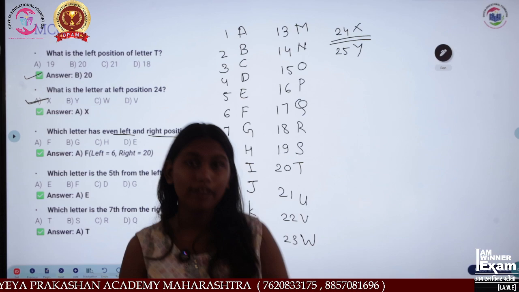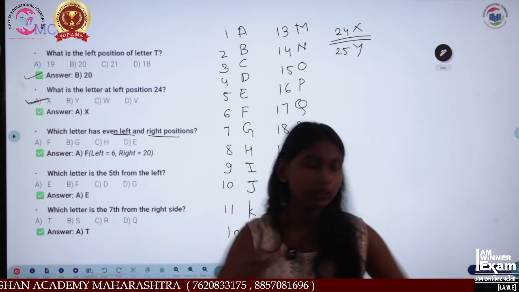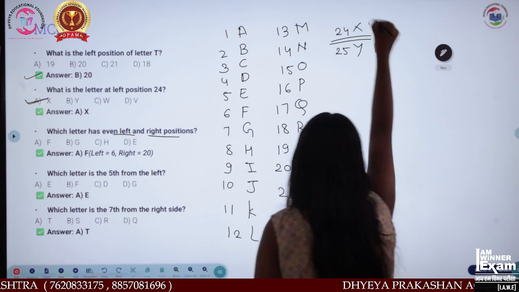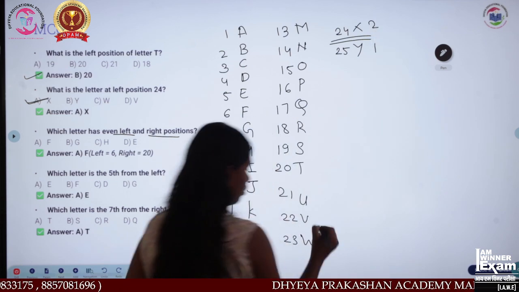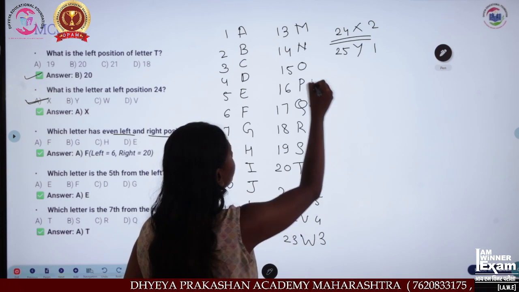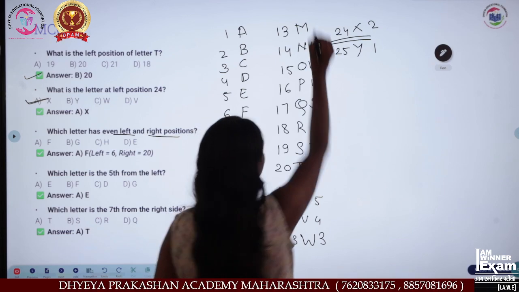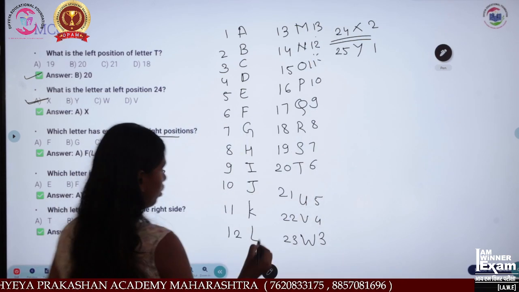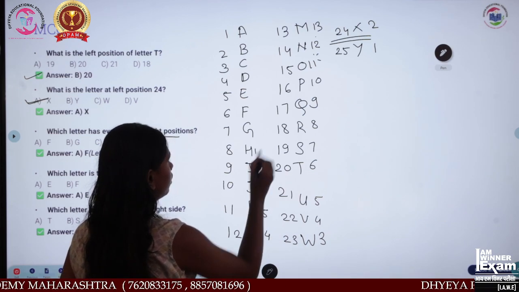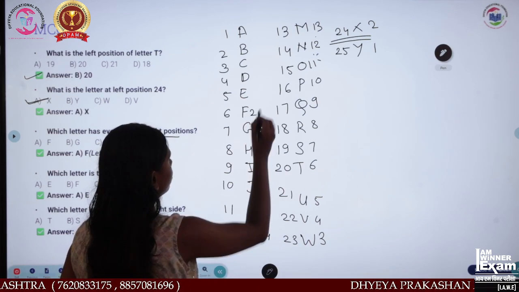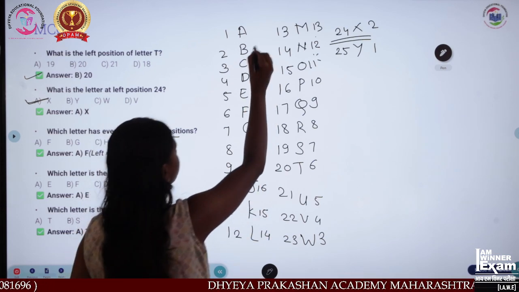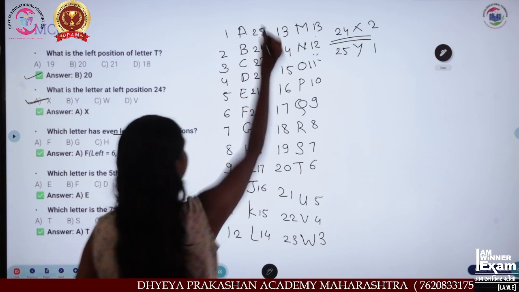Then, which letter has even left and right position? So let's again number this from the right hand side: 1, 2, 3, 4, 5, 6, 7, 8, 9, 10, 11, 12, 13, 14, 15, 16, 17, 18, 19, 20, 21, 22, 23, 24 and 25.